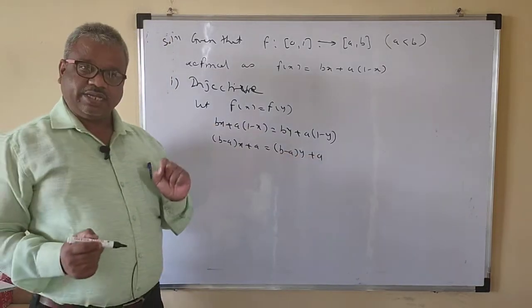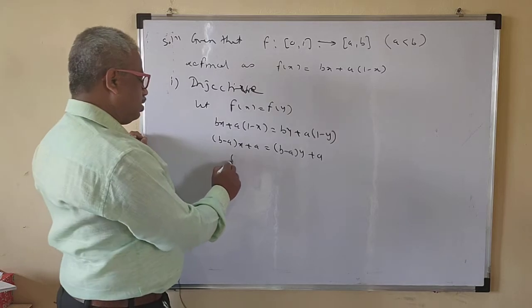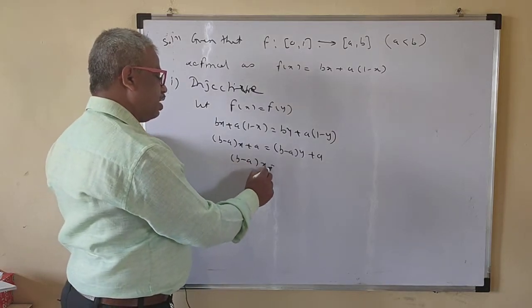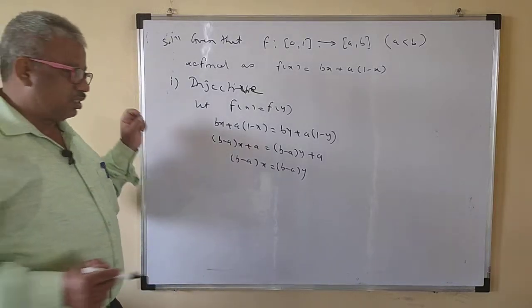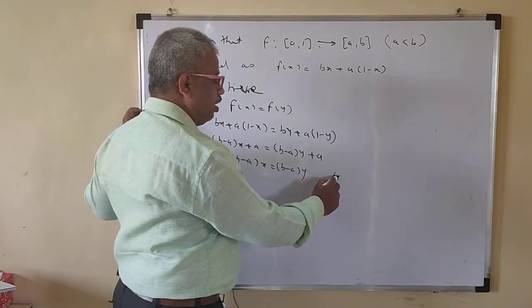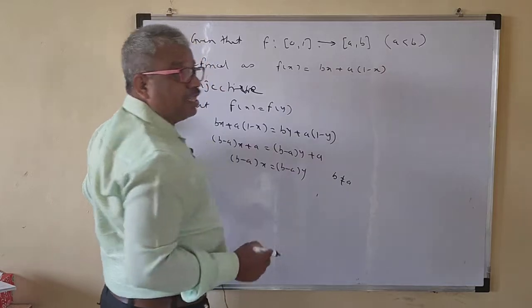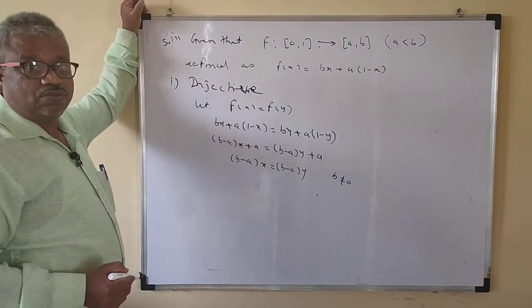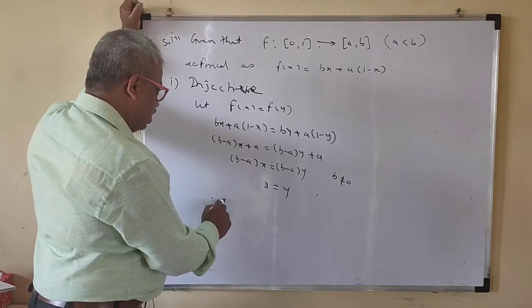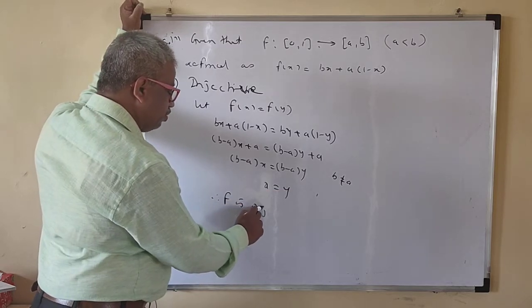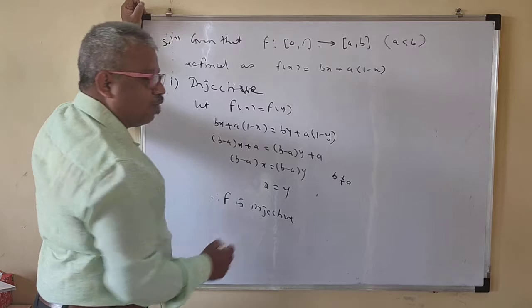Now a gets cancelled, so b minus a into x equals b minus a into y. Again b minus a is a constant, since a is strictly less than b, so b minus a is not equal to 0 and you can cancel it. So x is equal to y. Therefore f is injective. You may say this is one-one.